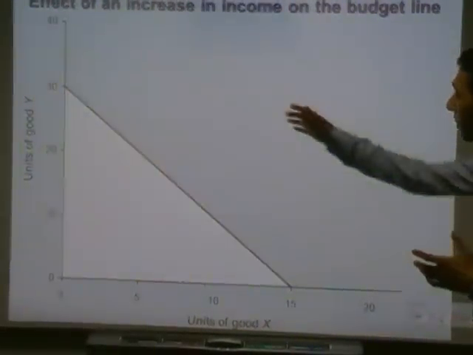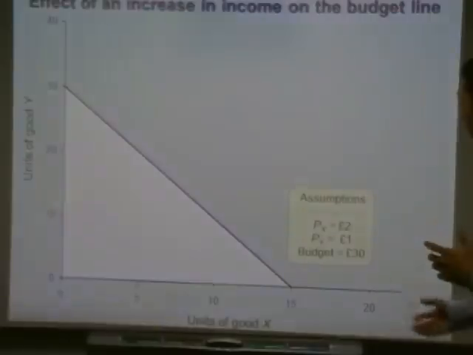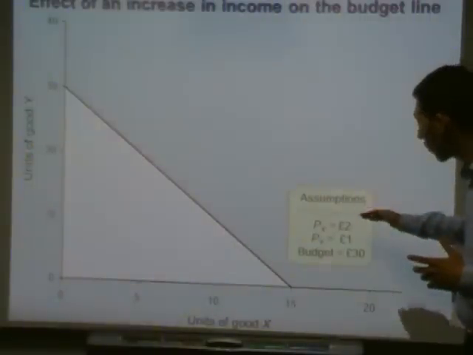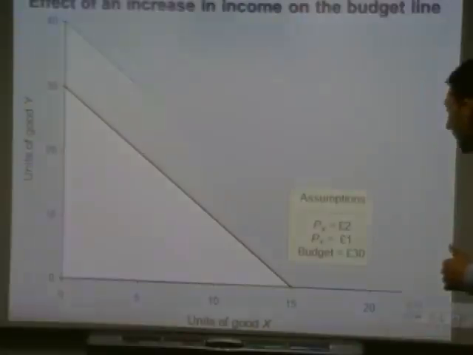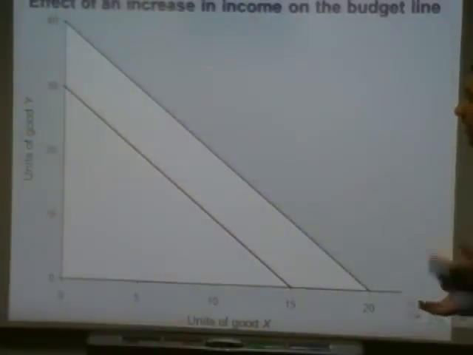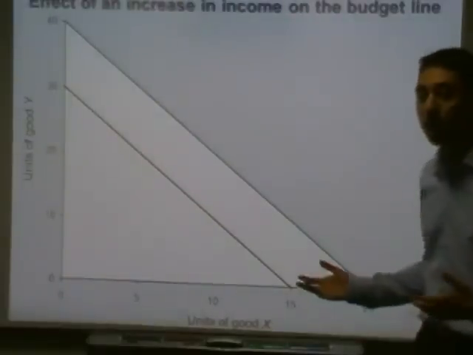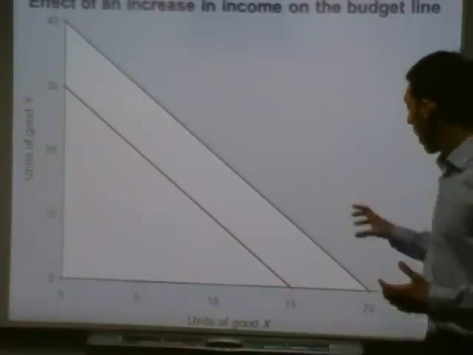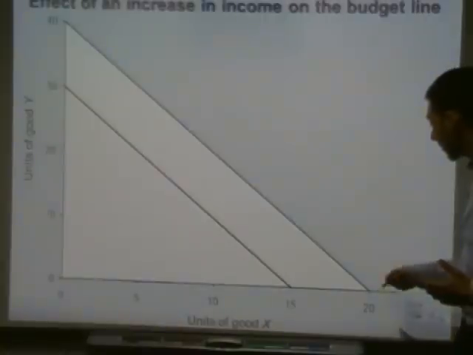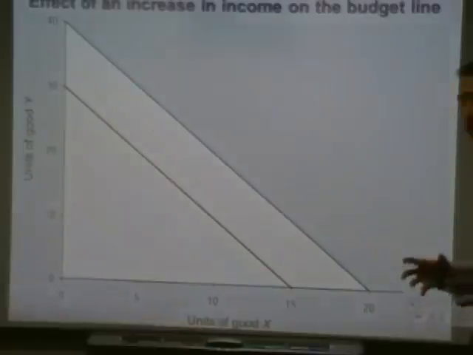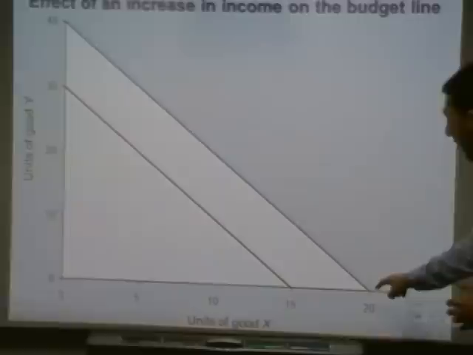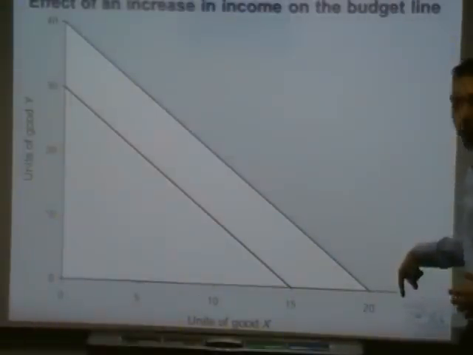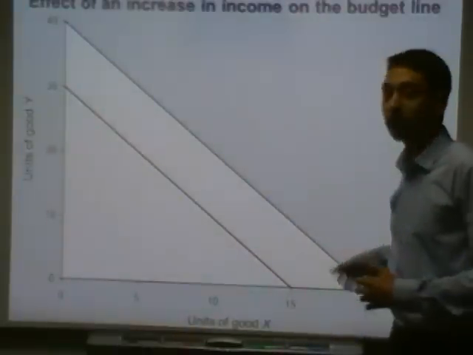So right now we had income equal to 30, while the price of X was 2 and the price of Y was 1, but if we have a higher income, say our income is equal to 40 now, then we can have 40 units of Y if we are spending all the money on Y, or if we are spending all the money on X, then we will be able to buy 20 units of X. So our points will be (0, 40) and (20, 0), and you draw the straight line, you will have the new budget line.